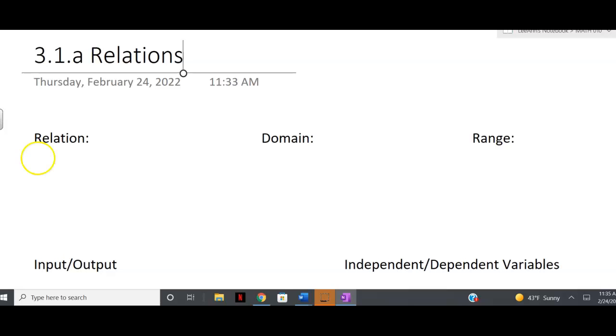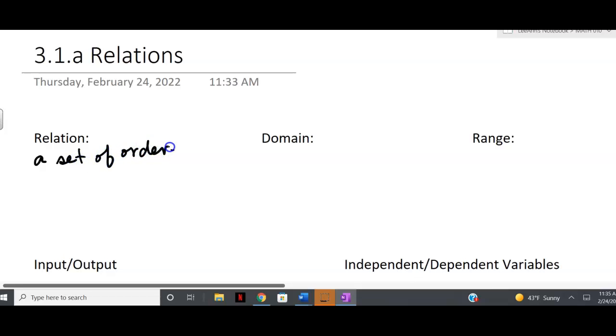A relation is just a set of ordered pairs. So when we graph things in a Cartesian coordinate system or a rectangular coordinate system, we graph ordered pairs. And a relation is a set of ordered pairs. Now, you could have a finite set, meaning there's a specific number of ordered pairs.